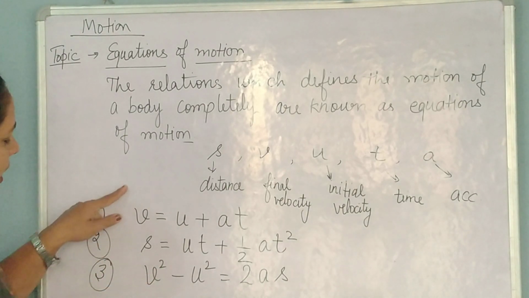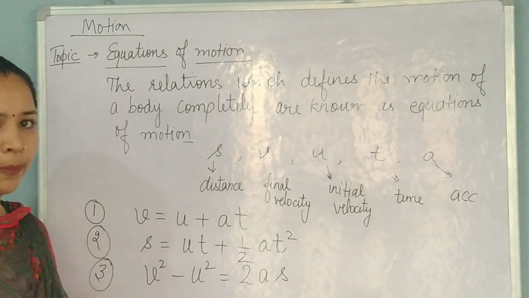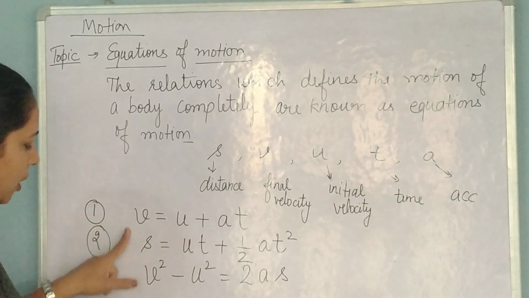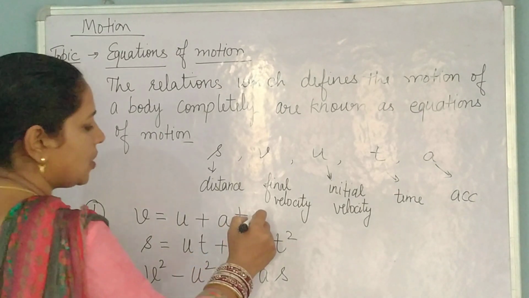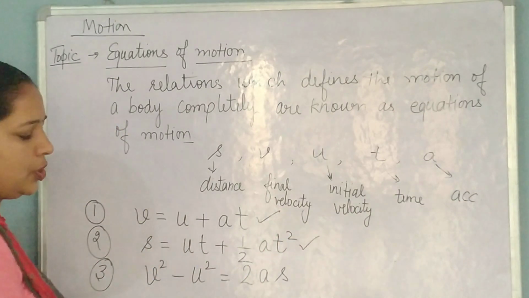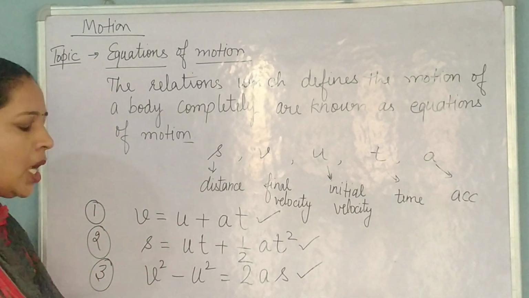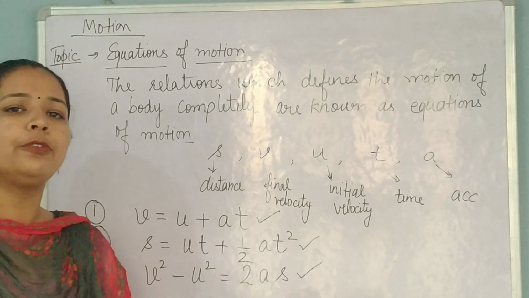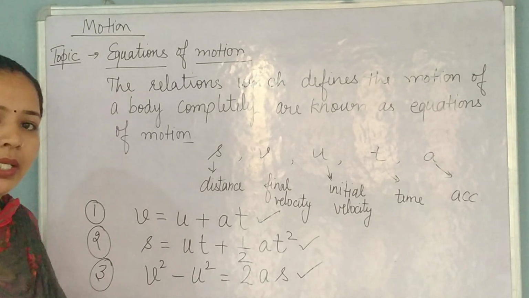Students, these 3 equations of motion are very important in this topic motion. So you have to learn these 3 equations by their name. This is the first equation of motion, this is the second equation of motion and this one is the third equation of motion. A question may be asked like, write the first equation of motion. तो ऐसा नहीं है कि आप तीनों में से कोई भी एक लिखेंगे.